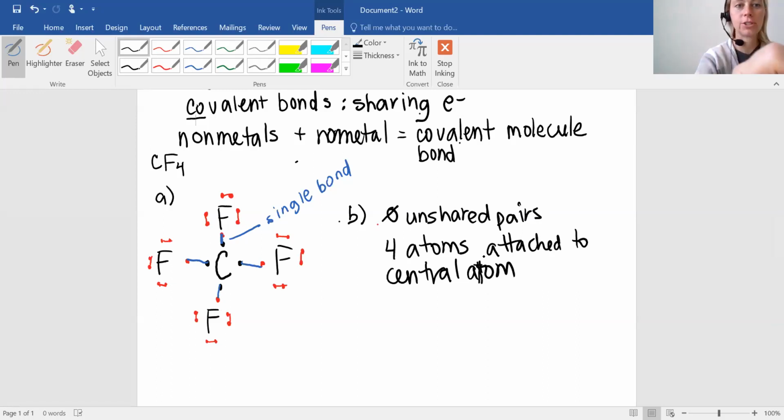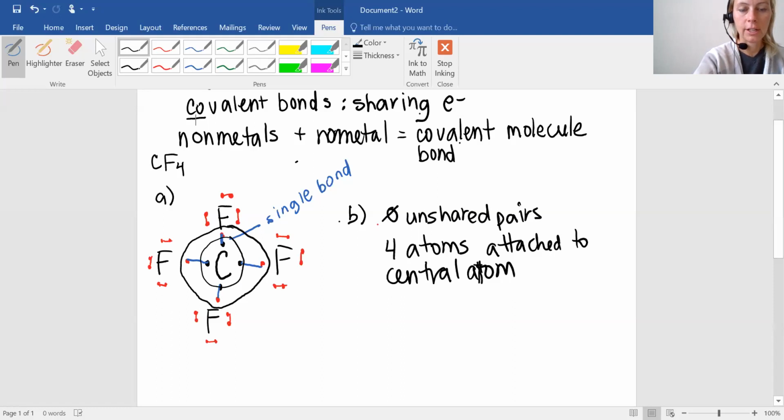So this is a way to check to make sure that you haven't missed something. You need to see that the original carbon had originally the 4 electrons, but by sharing, remember you're going to hear that word a lot, by sharing an electron and making a single bond connected to each of the fluorine, it now has 8 total, and 8 electrons is what it wants. It wants to be like a noble gas configuration.